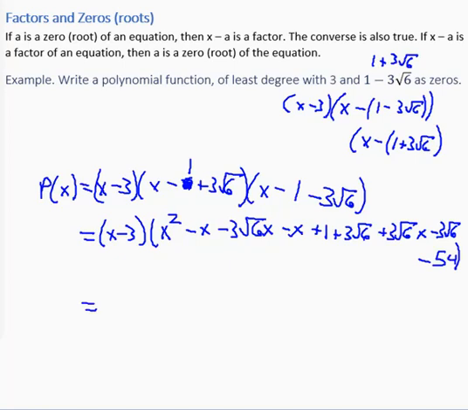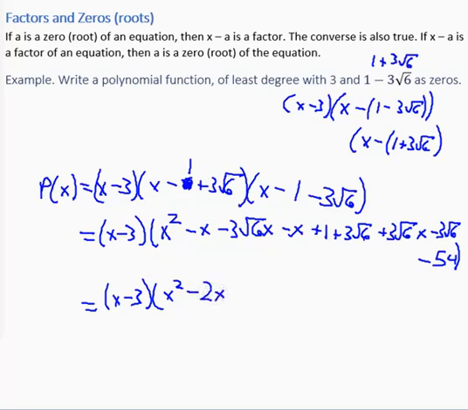I'm not going to multiply in this x minus 3 yet. So as you see, the concept of making the polynomial isn't too bad. It's just a matter of multiplying things out. Makes it a little longer. So let's see, we have an x squared. We have a negative x, another negative x. So we have minus 2x.